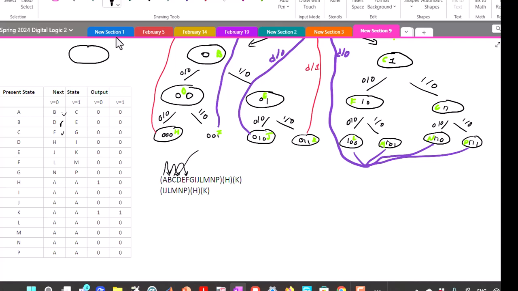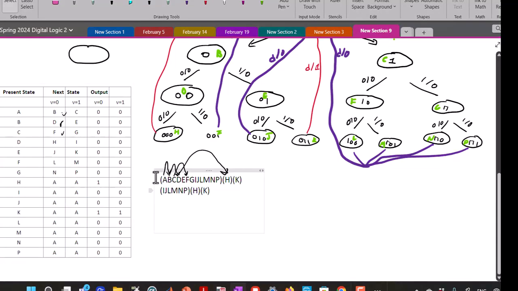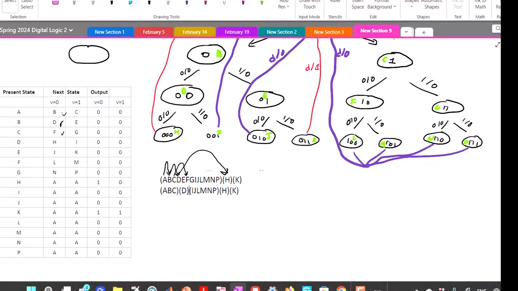But D goes to H. So A, B, and C are together, but not D. I'll put D by itself for right now, unless we find something else that goes to H.